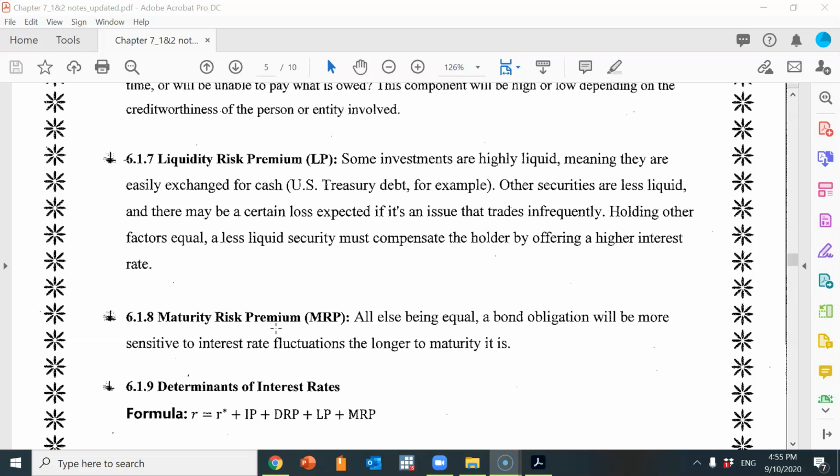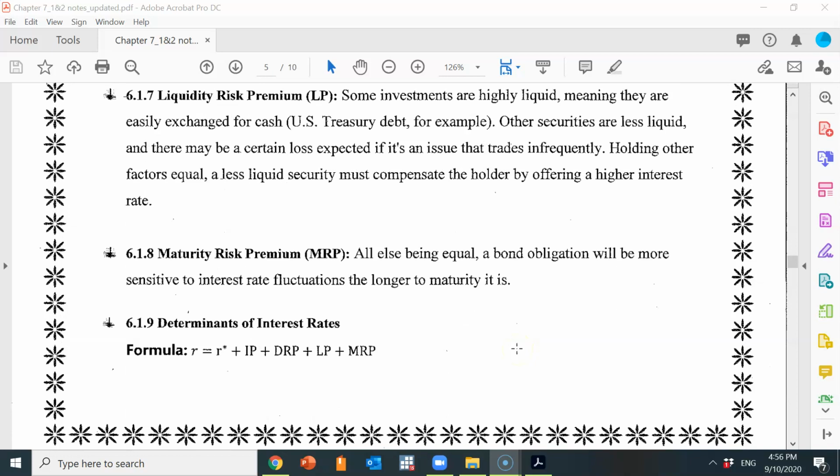If the duration of the bond is longer, there is a higher risk that the interest rate would change to affect the price, due to the market environment. So for longer term bonds, there is a higher maturity risk. So the MRP, maturity risk premium, will be higher too.